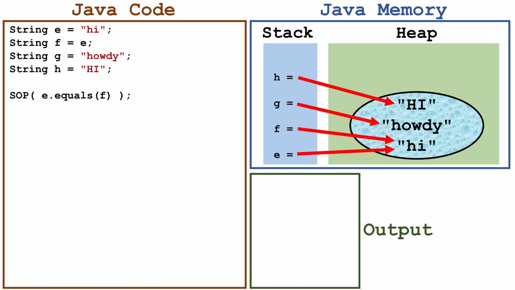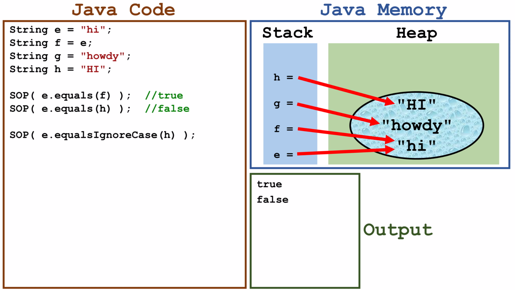E equals F checks if the two variables point at objects with the same value. E and F point at the same object, so naturally that object has the same value as itself, and the method returns true. Next, we check E equals H. Even though E and H both point at objects that say hi, the string's equals method is case sensitive, so it returns false.